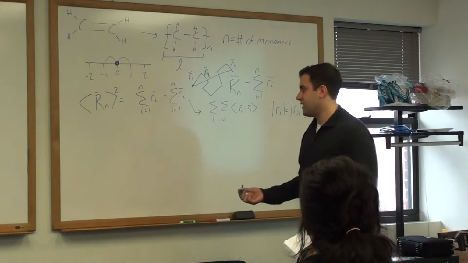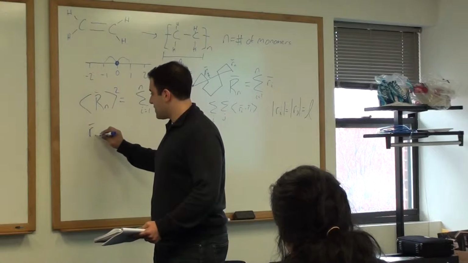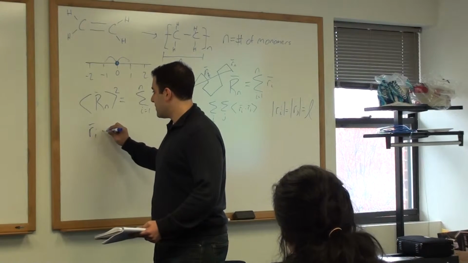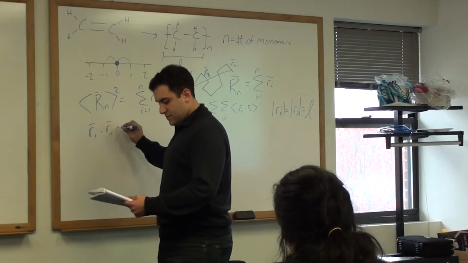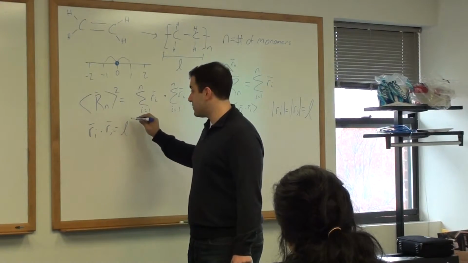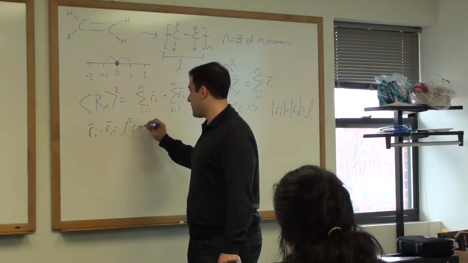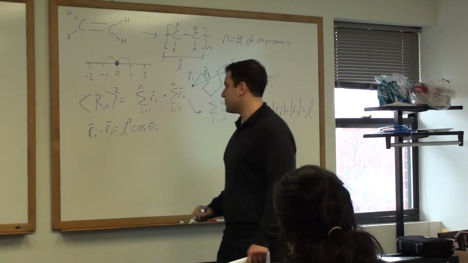Under this assumption, we can then say that if you were to take the dot product of any step vector i and any step vector j, it would be equal to the magnitude of them squared, which is L squared, times the cosine of the angle between them, cosine theta of i and j.